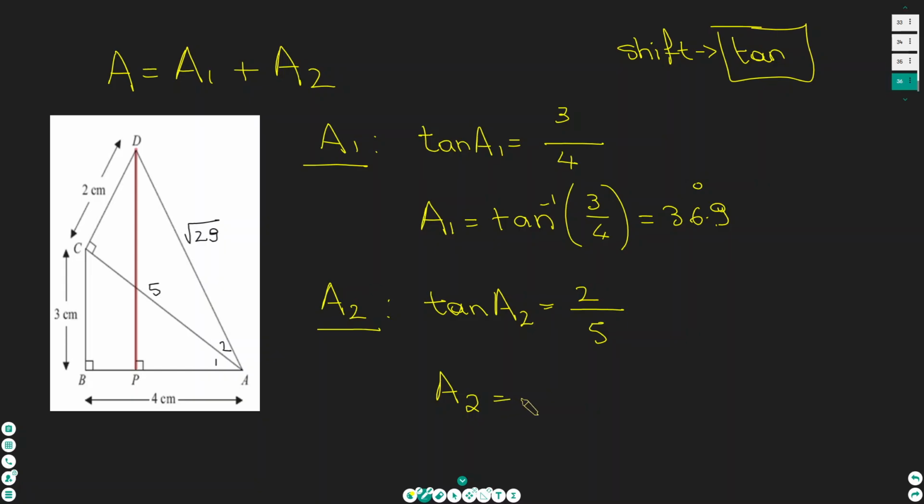Using the inverse function on the calculator, we can find the angle A2. This is 21.8. So the total angle A is the sum of the A1 plus the A2. So this is 58.7.